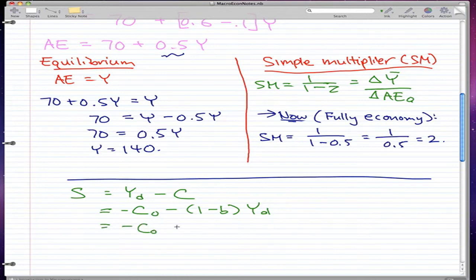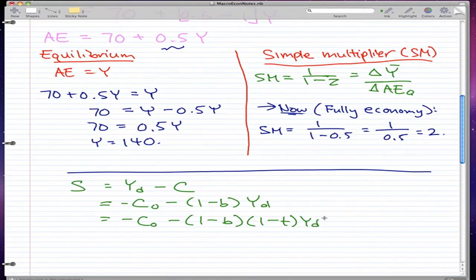So we can further expand this with 1 minus B and 1 minus T times Y. So let's rewrite that again: minus C0 plus 1 minus B, 1 minus T, times Y.